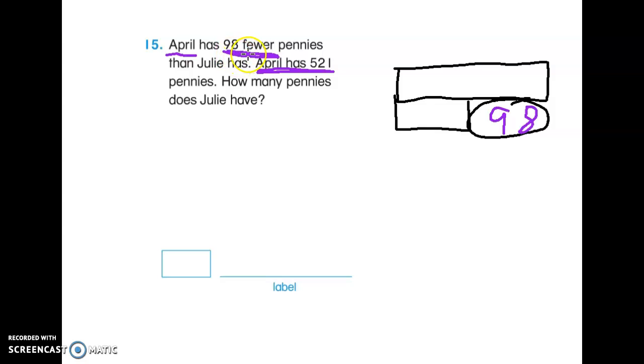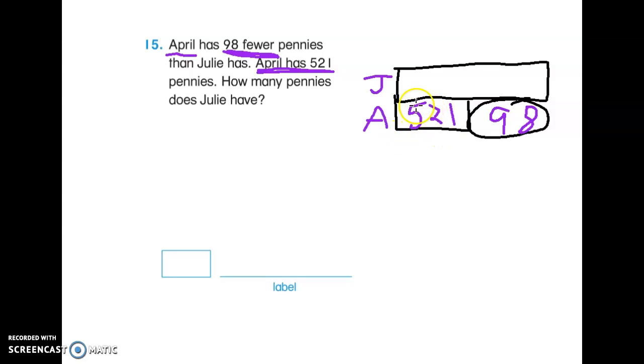April has 98 fewer. So I'm going to label the bottom one as April because April has fewer. It tells me right here, April has fewer. So she's the small one, which means Julie has the big one. Julie. Now it tells me April has 521. If April has 521, I'm going to put that in April's box. 521.